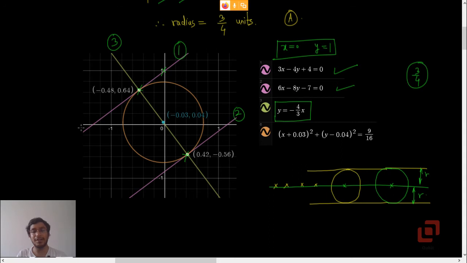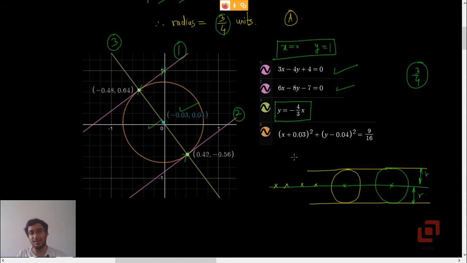Okay, and it turned out that the coordinates are minus 0.48, 0.64 for lines 1 and 3, and 0.42 comma minus 0.56 for lines 2 and 3. Then I found out the coordinates of the center of the circle by the midpoint formula. Okay, very simple. So once I obtained the coordinates of the center of the circle, I already knew the radius of the circle. Yes, the radius is 3 by 4.